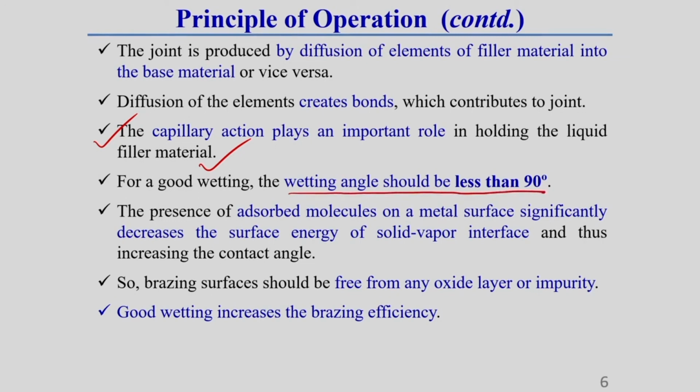Now, we should know what the wetting angle is. Generally, the wetting angle is the angle between the contact surface and the tangent at the corner point of a droplet. Let this be the droplet, a drop of molten filler wire, and let this be the solid base material.